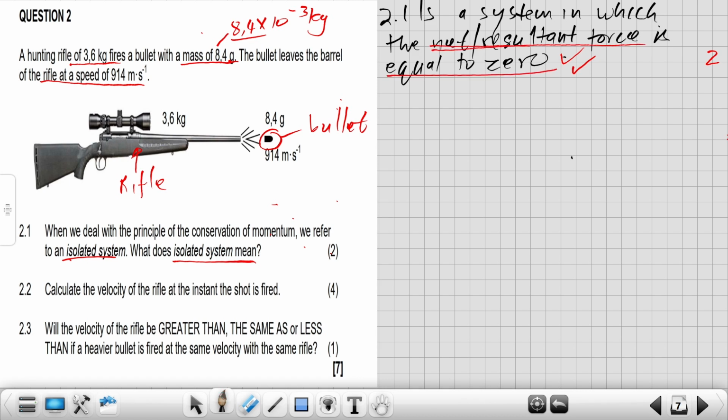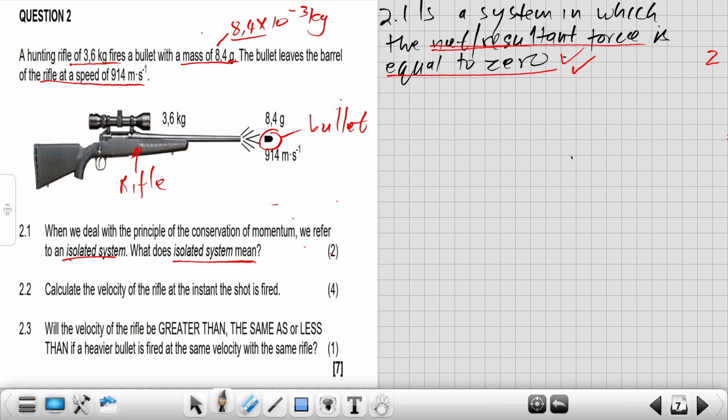Then at 2.2, calculate the velocity of the rifle at the instant the shot is fired. We need to write down some data before we can apply this, because we are now dealing with a form of an explosion.